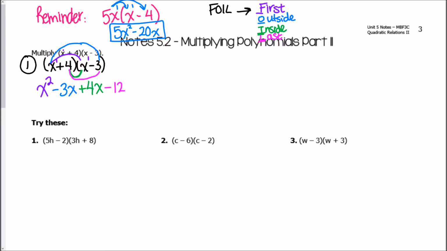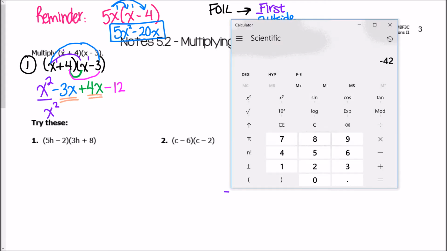Okay? So now I'm going to collect like terms. For x squared, there's nothing else like it, so I'm going to write down x squared. Then I've got negative 3x and positive 4x. Negative 3x and positive 4x are like each other because they both have x's on them. So negative 3 plus 4 gives me positive 1.